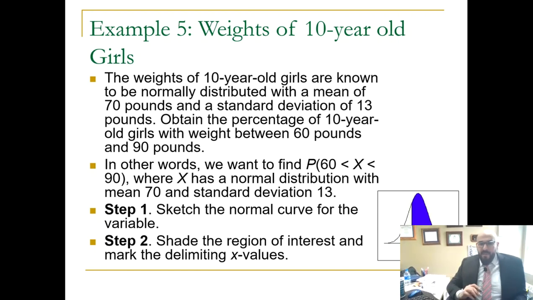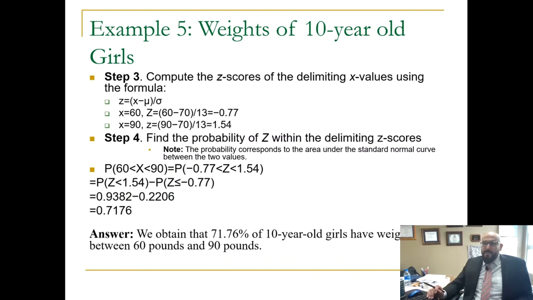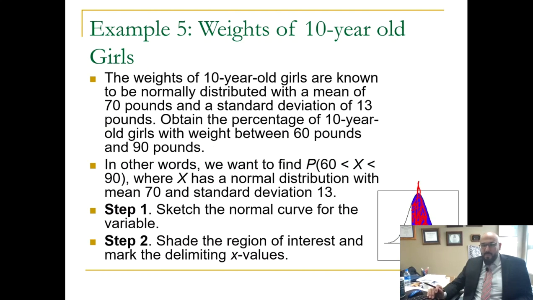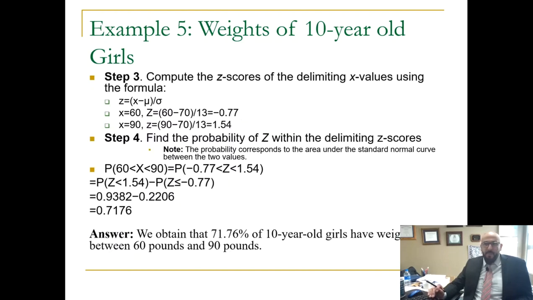Now let's find out how we could find the z-scores. After we sketch the normal curve and highlight the area, the next step is to compute the z-score for 60 and for 90.